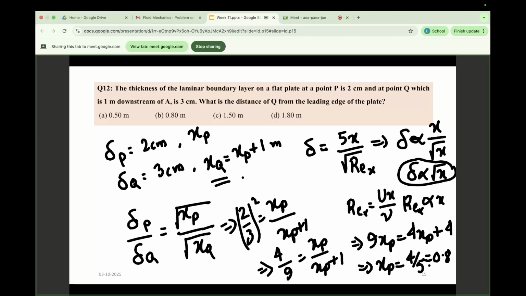So therefore it should be 1.8 meter. So option D will be the correct answer.